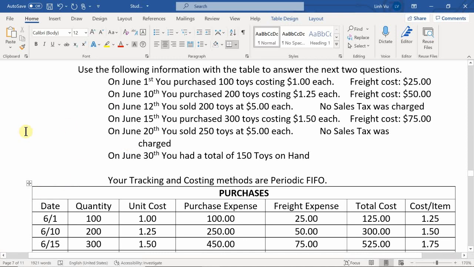Then on June 21st, you sold 250 toys at $5 each with no sales tax, which we mentioned: if it's a sale, we don't do anything about it.